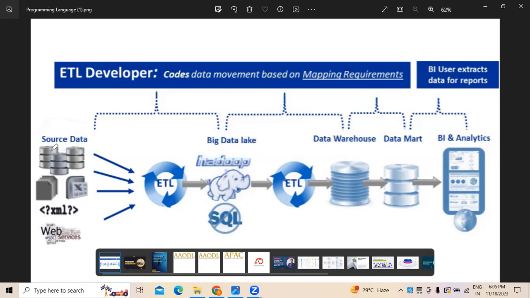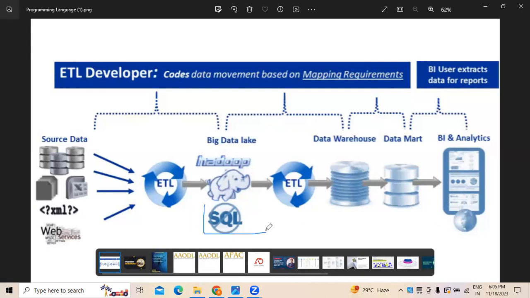Whenever we have a large amount of data, we especially have to use big data tools, something like Hadoop, which we normally use.